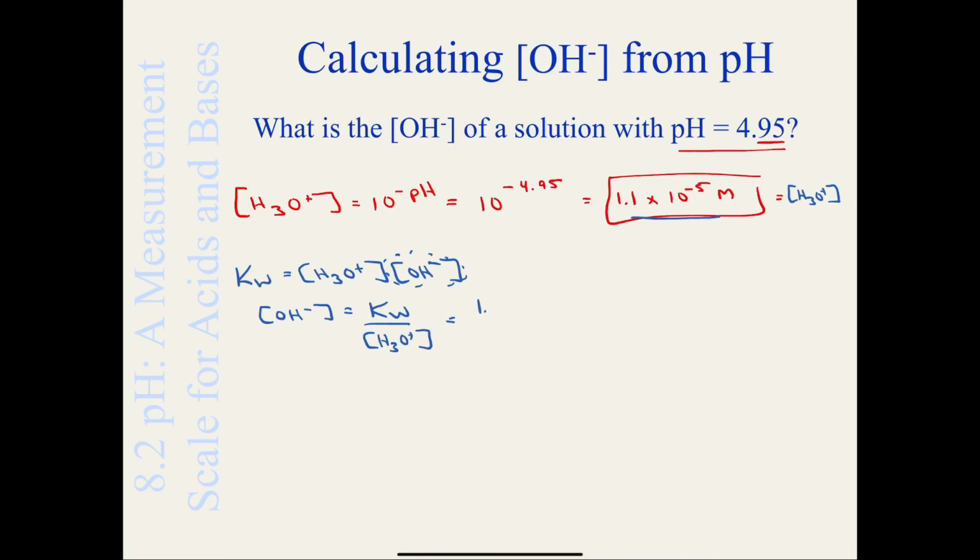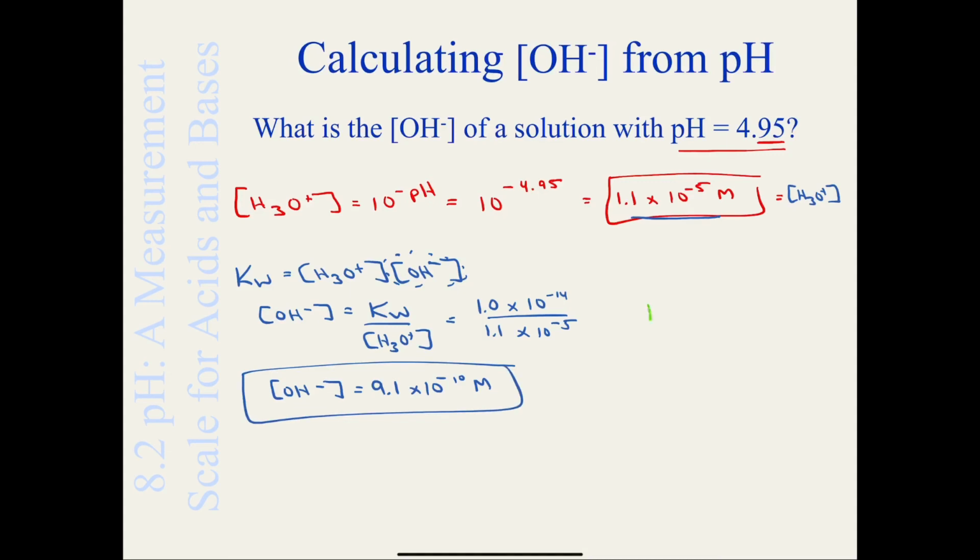So I have 1.0 times 10 to the minus 14 divided by 1.1 times 10 to the negative 5. When I punch that into my calculator, I get the concentration of my hydroxide is equal to 9.1 times 10 to the minus 10 molar.